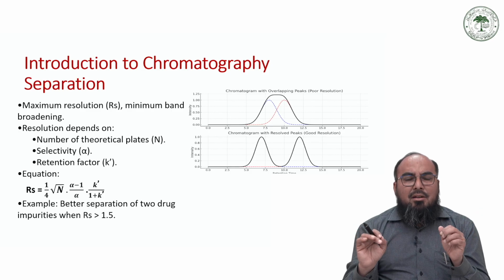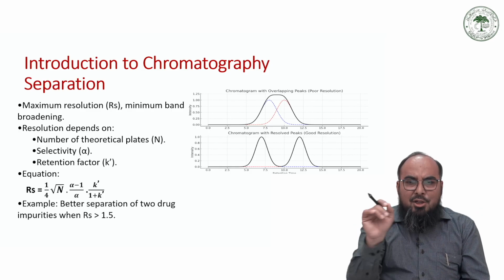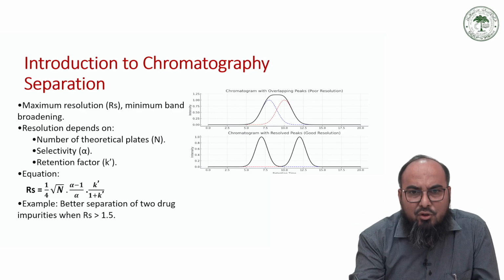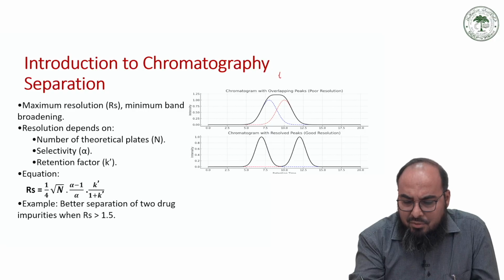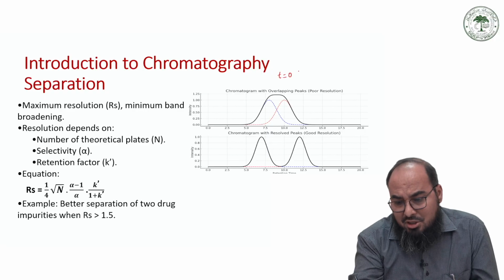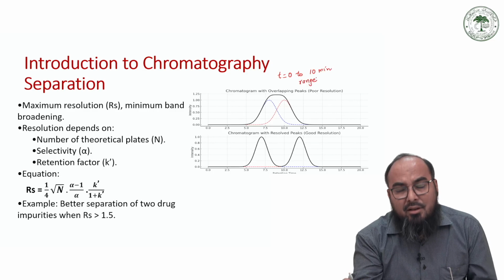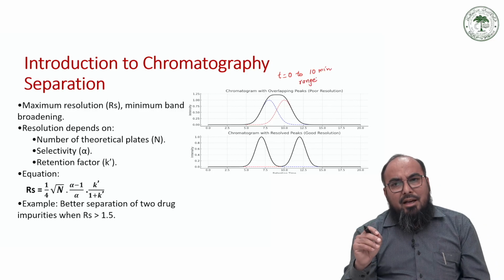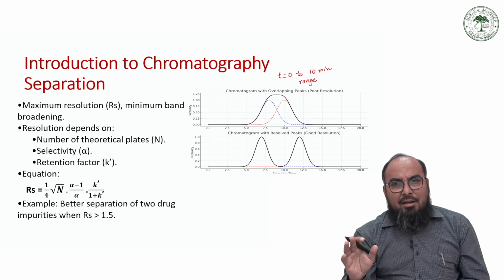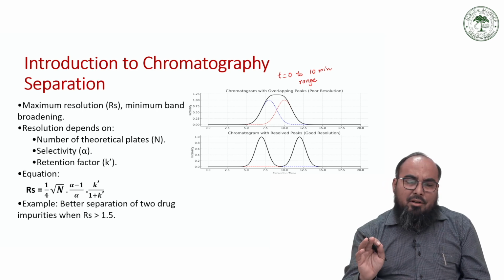That is, the separation occurs in a range of time, maybe starting from t equal to 0 to t equal to 10 minutes. The elution occurs in a range of time, not at a single point of time.